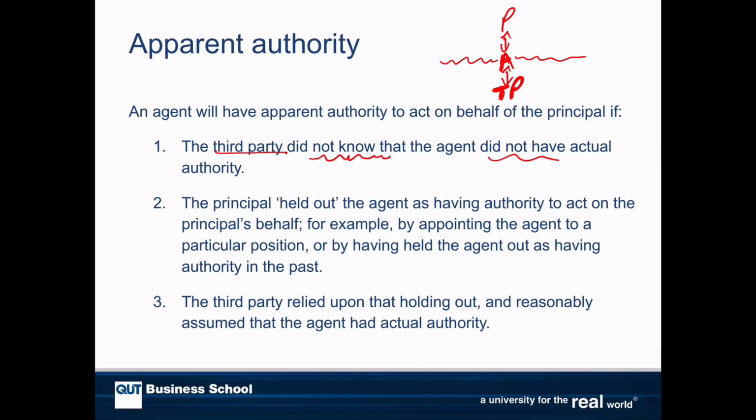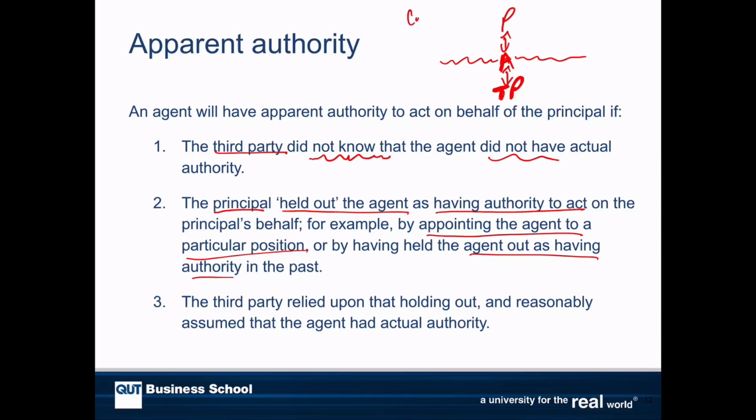The principal held out the agent as having authority. For instance, they can appoint the agent to a particular position, or they could have given the agent authority in the past. Let's use a specific example.